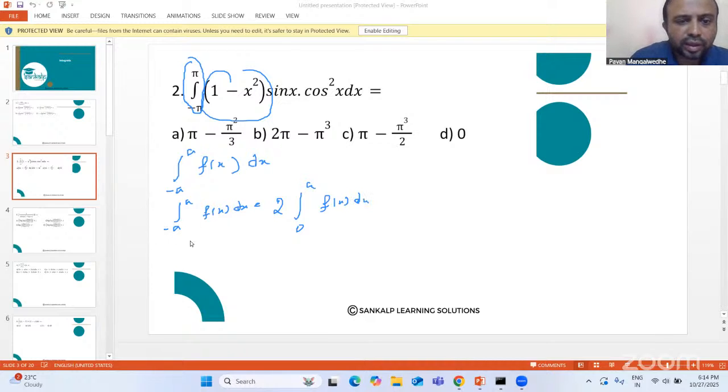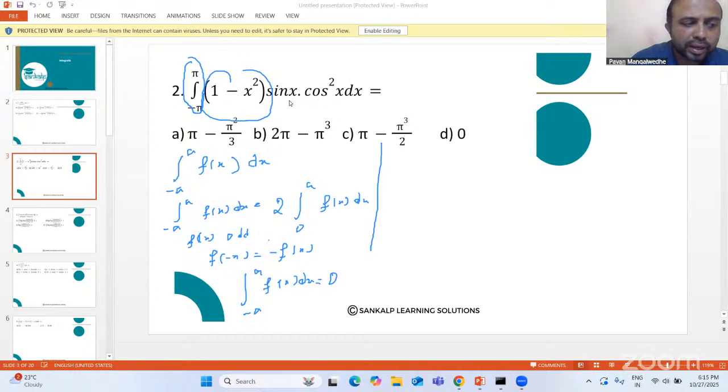If f of x is an odd function, meaning f of minus x is minus f of x, then the integration from minus a to a of f of x dx is equal to 0. So let me take the original question.